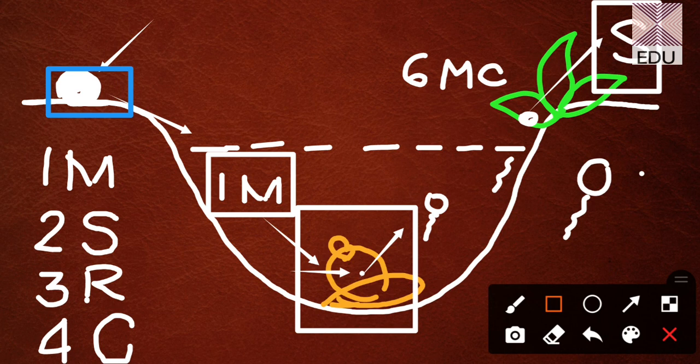The second thing we can do is remove the Limnia snail. If we take out all the Limnia from all the ponds, there will be no completion of the life cycle of Fasciola hepatica. That is another precaution for fasciolasis.